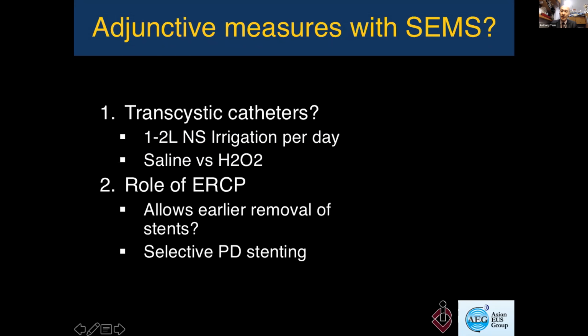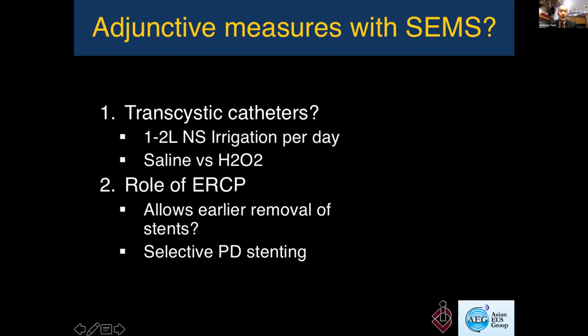There is some description of the use of H2O2 irrigation. Personally, I don't use it because from my surgical background, we have done a lot of studies comparing saline and H2O2, so not much benefit of H2O2, but certainly some endoscopists like it.